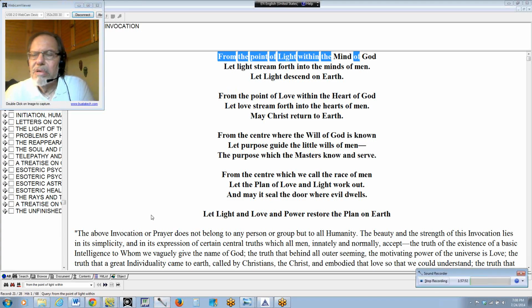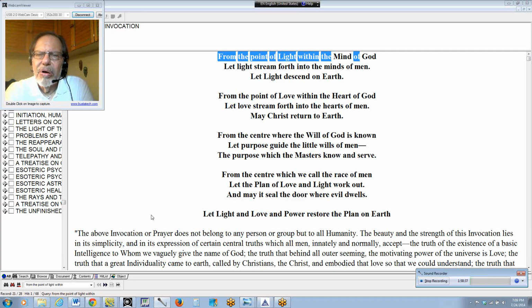From the point of light within the mind of God, let light stream forth into the minds of men. Let light descend on earth. From the point of love within the heart of God, let love stream forth into the hearts of men. May Christ return to earth. From the center where the will of God is known, let purpose guide the little wills of men, the purpose which the masters know and serve.